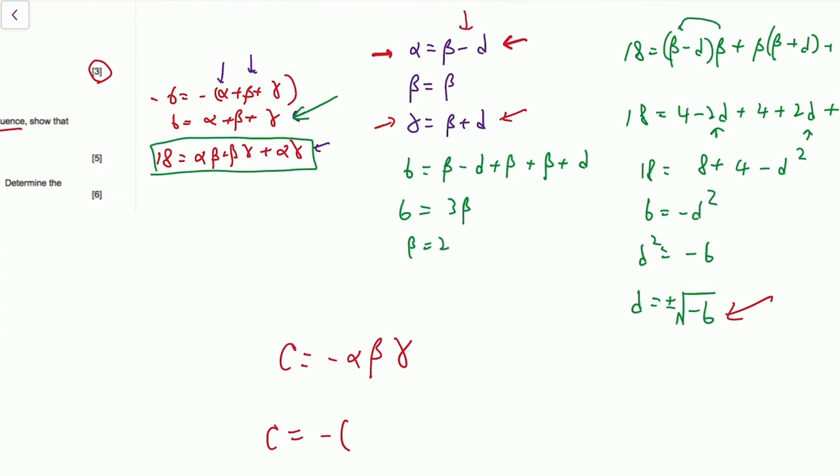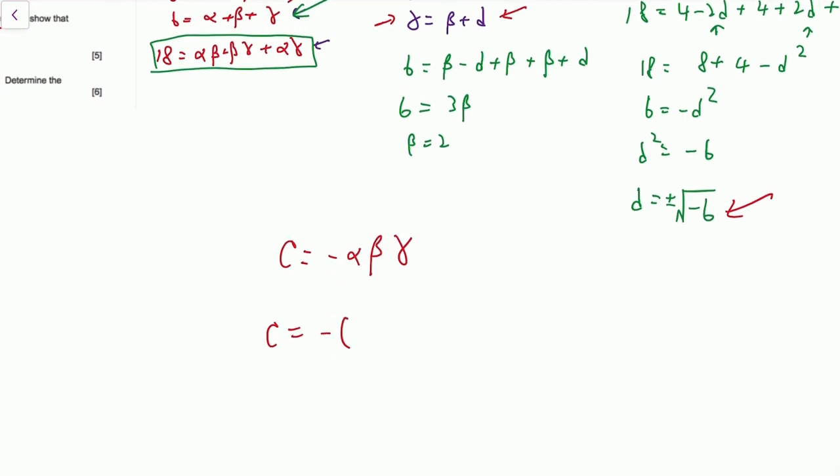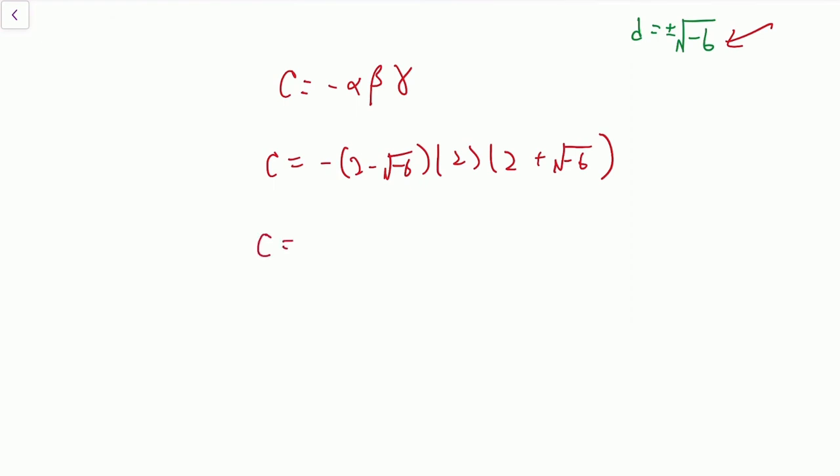Okay, so alpha is 2 minus root negative 6, times 2, times 2 plus root negative 6. Just in case you haven't learned how to deal with complex numbers, this is like the magic. You don't have to know.